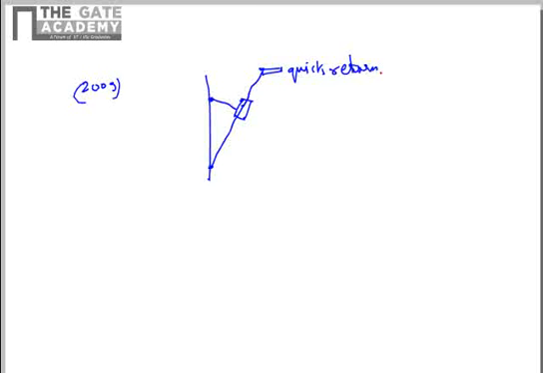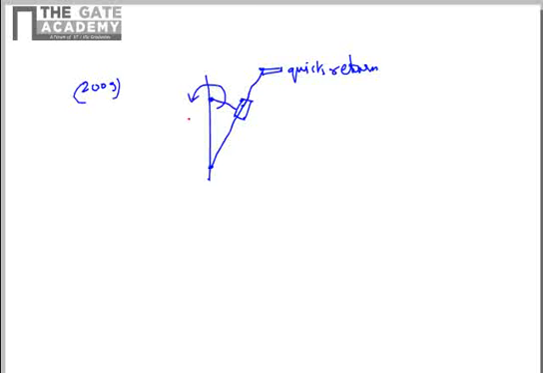I'll take up another question that was asked in GATE 2009. In this case, a simple quick return mechanism was shown. This is a crank which rotates, and there is a sliding block on the quick return link. This link goes up and has the quick return block attached to it, and this crank is rotating at an angular speed of omega.